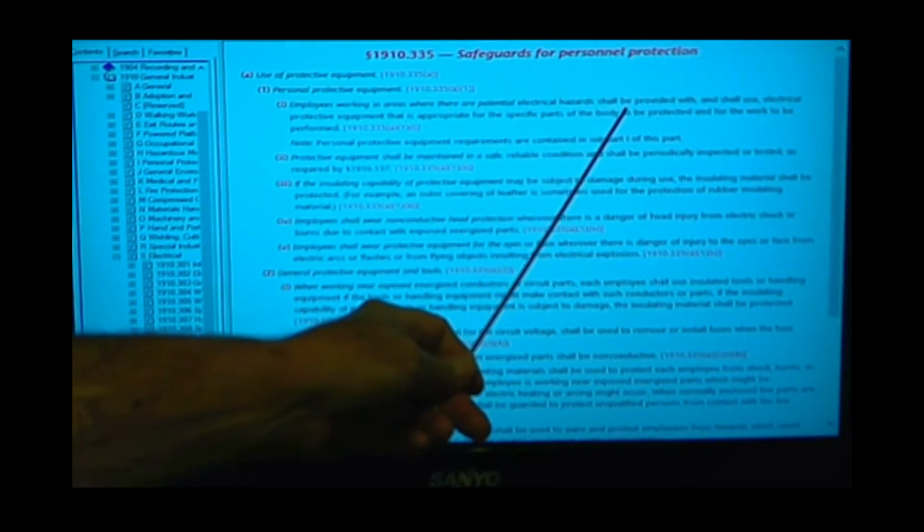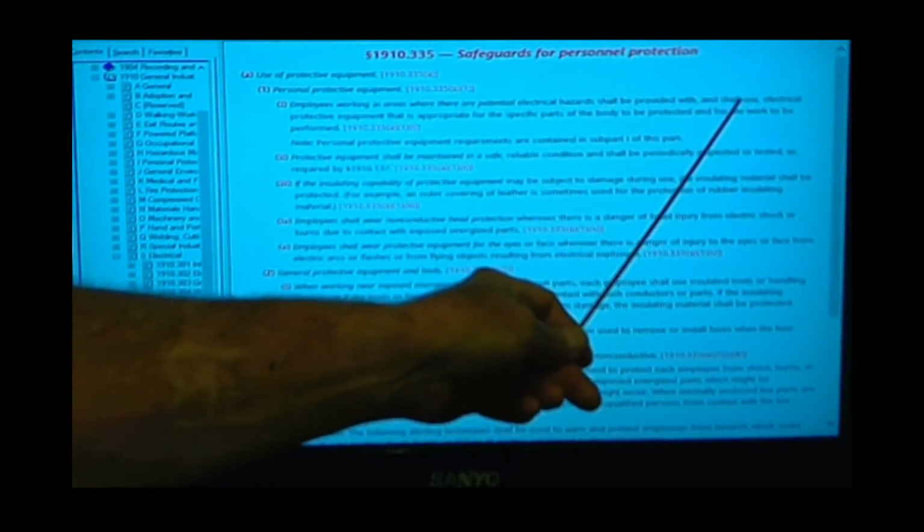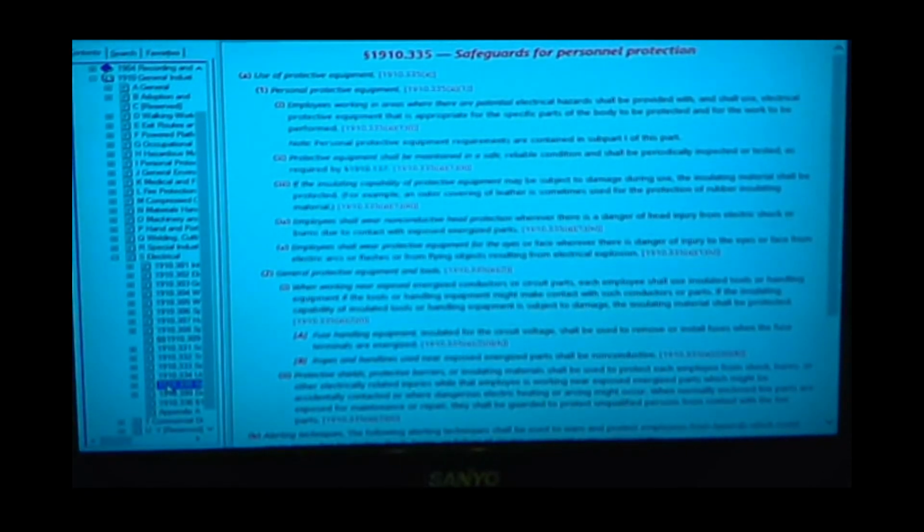Right here, shall be provided with and shall use. The employer will provide, the employee will use. Well, it's pretty straightforward. All PPE is provided by the employer, but once the employer provides the PPE, the employee has every responsibility to use the PPE.